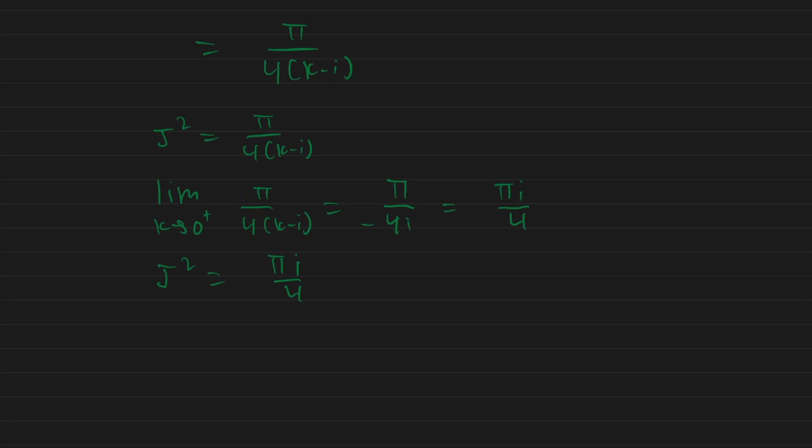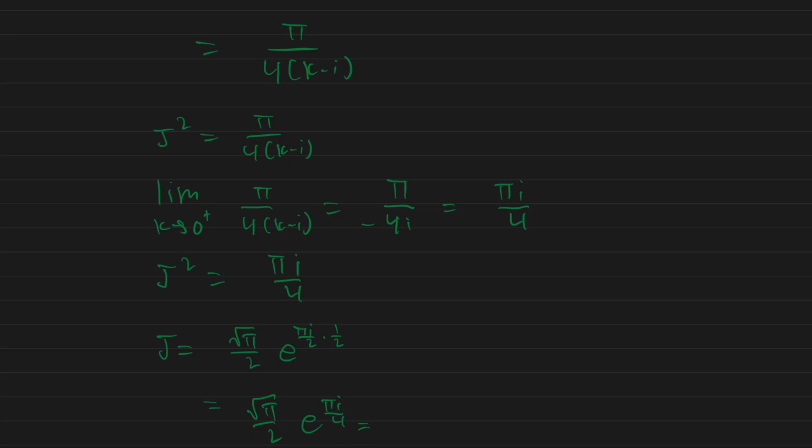So how can we do this? Well, J is going to be the square root of pi over 4, and we are going to write i as e to the pi i over 2. Which means we just multiply the exponent by 1/2, so we get root pi over 2 times e to the pi i over 4.